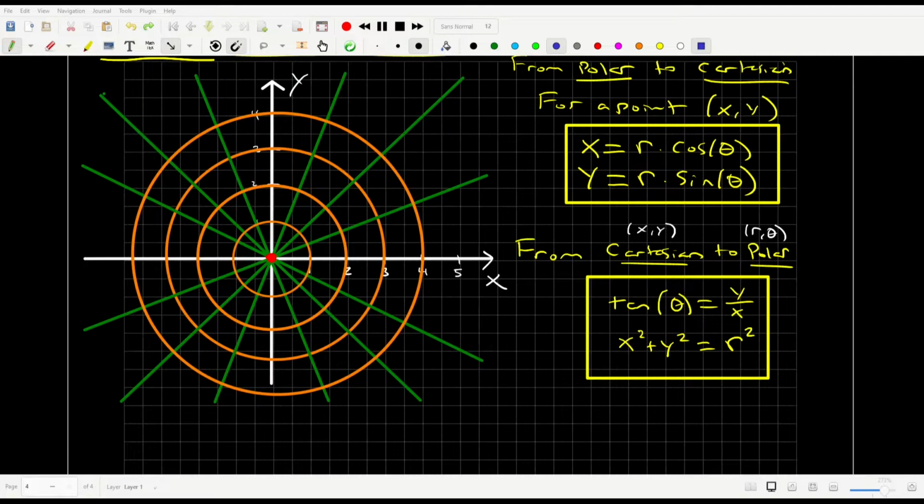It's also important for me to point out that we can allow for negative values of the radius r. This is due to the fact that the general equation relating x and y here is x squared plus y squared equals r squared.